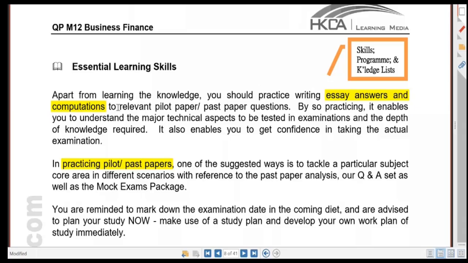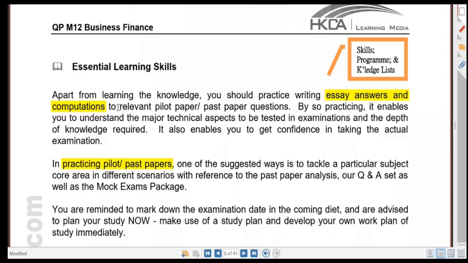To pass any open exam, you have no choice. You have to practice the past papers. We will go through them in a video, and then you should practice it. Understanding may not be a problem, but in an exam you need speed.